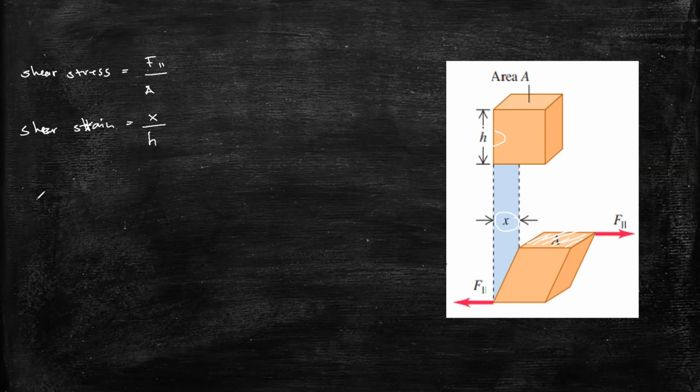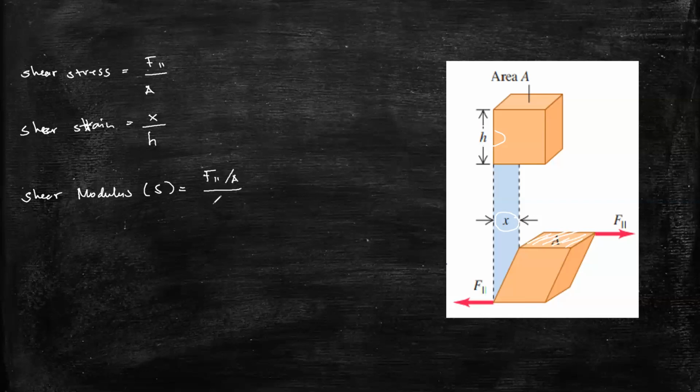Okay, and for the elastic modulus, our term here is shear modulus. The symbol for shear modulus is S, which is equal to the ratio of stress and strain, or equal to force applied times the original height over area times x.